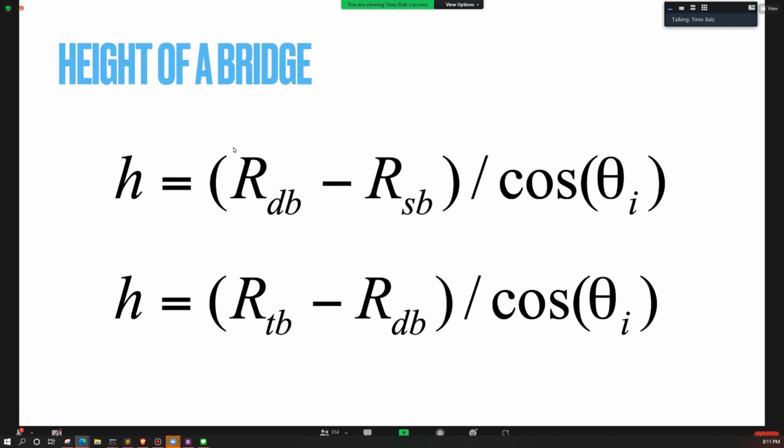Okay. So with that very simple formula, you can just calculate by hand the height of the bridge over water. And in applications like that, you can therefore very simply estimate the water level of the river. If you know the height of a bridge, then you can get the changing water level of the river very quickly, and also very easily.